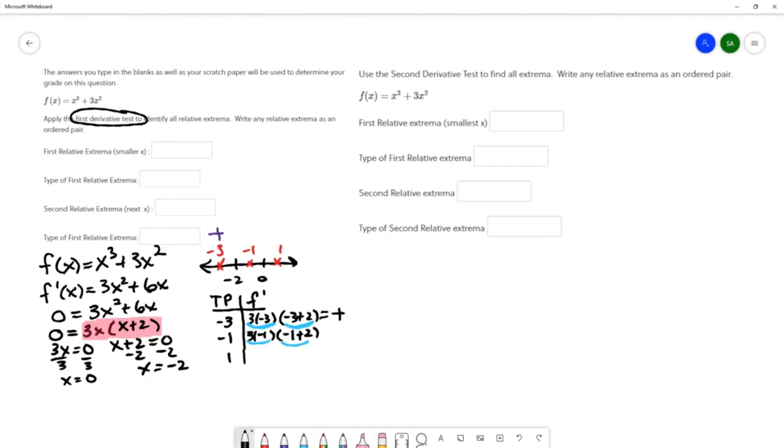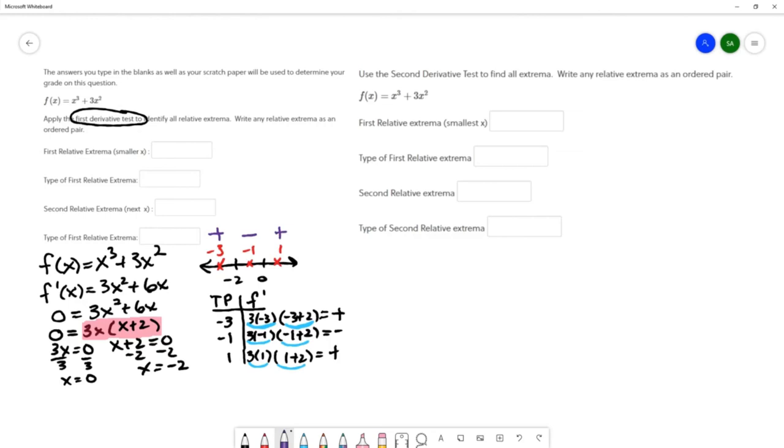A negative times a positive is a negative. So in this interval, our first derivative is negative. And then for the next one, we have 3 times 1 times 1 plus 2. A positive factor times a positive factor will give a positive. So in this interval, the derivative is positive and the function is increasing.